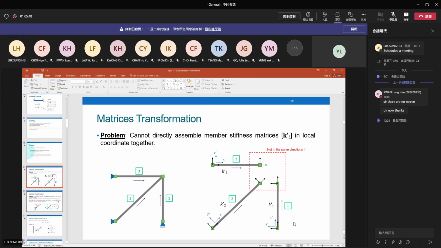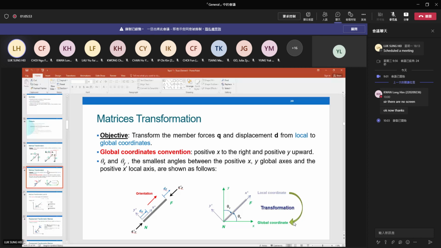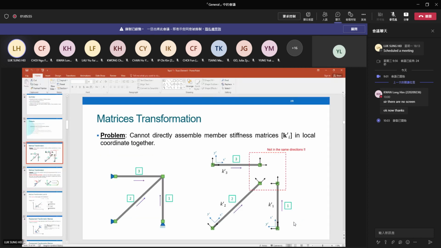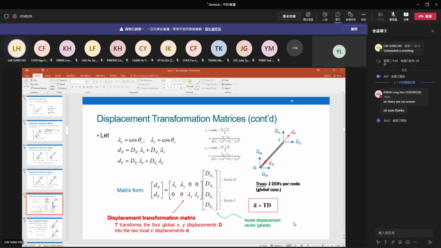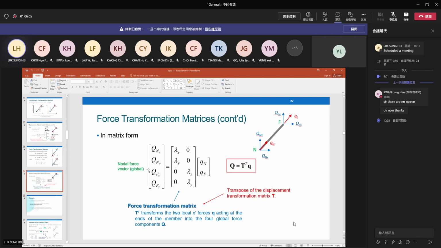I remember last time we completed these sections on transformations. I derived two transformation equations for you. One is the displacement transformation equation, the other is the force transformation equation.